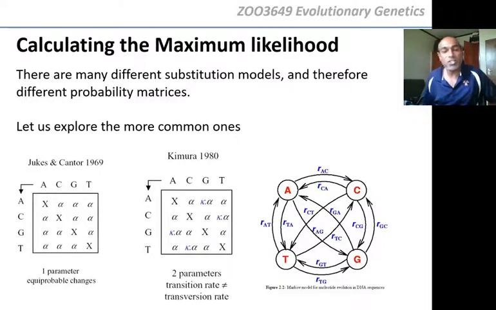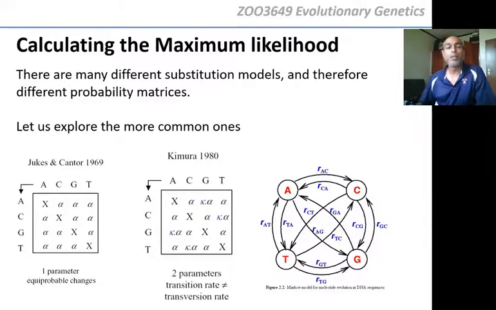So it's not just saying transitions and transversions, it's saying every change has its own rate. So this model is very complex. This one is semi-complex, and this one is very simple. If you made a tree using this model, you will make your tree very quickly. But if you make your tree using this model, it might take days, if not years, because look how complex that model is. Every mutational change has its own rate.